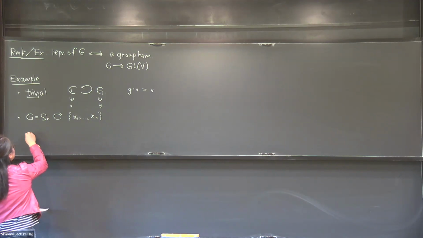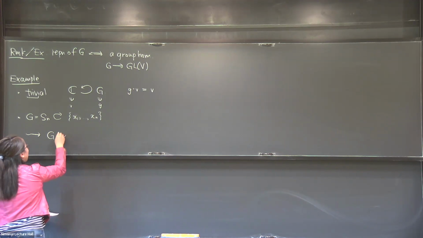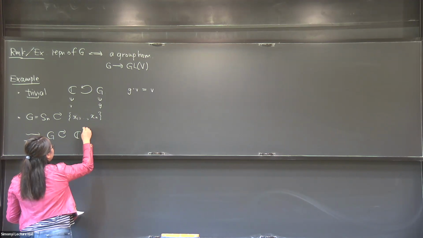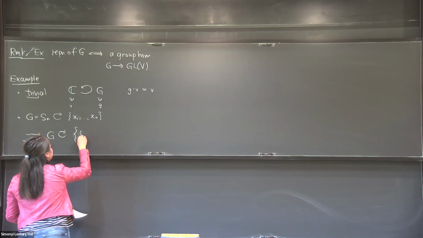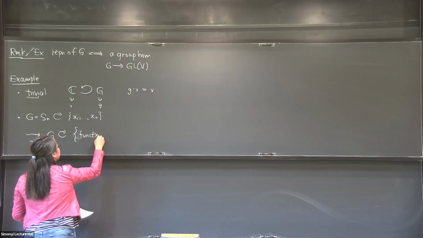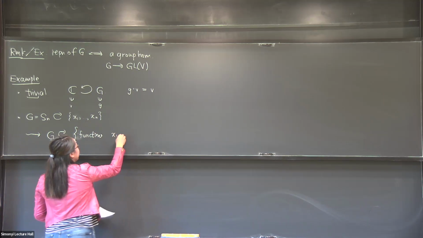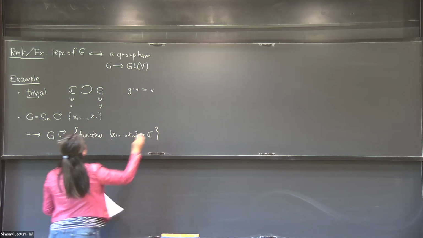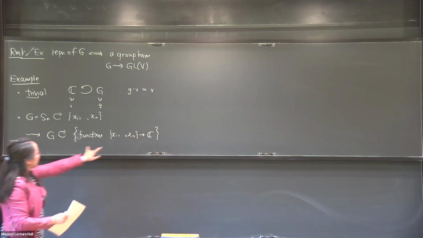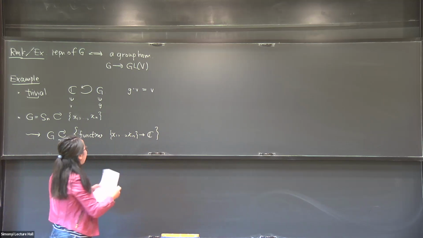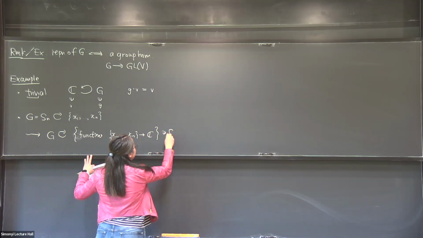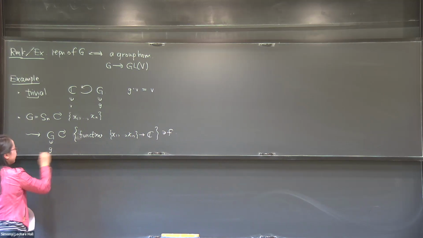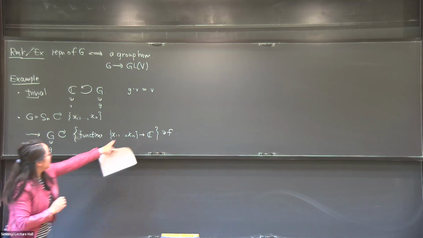And what this means is that G therefore also acts on the space of functions of these things. So the space of functions from x1 to xn to C. And how does this act? Given any such function, let's call this f, and any element in here, let's call it G. So G is a permutation of these n things.